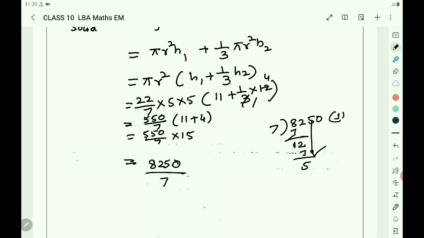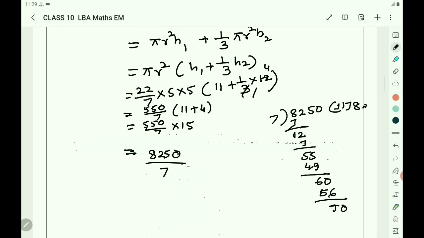This 5 is to be taken down. 55. 7 sevens are 49. 6 is remaining. 0. 7 8s are 56. 4 is remaining. Put point and 0.